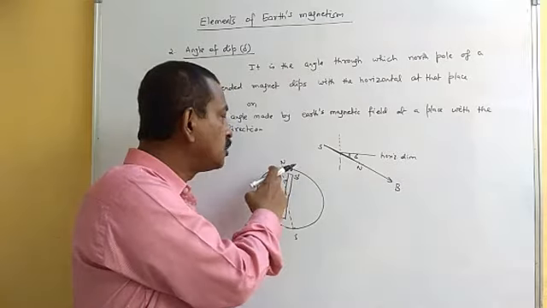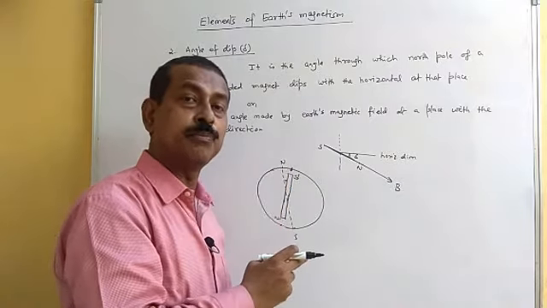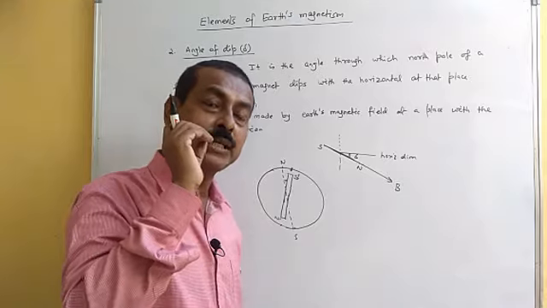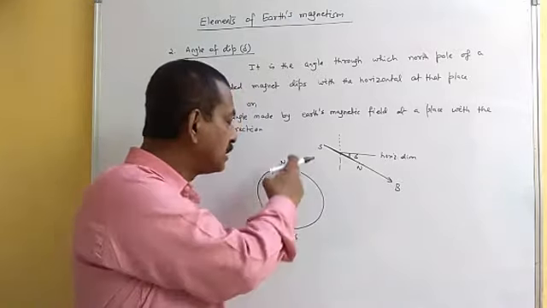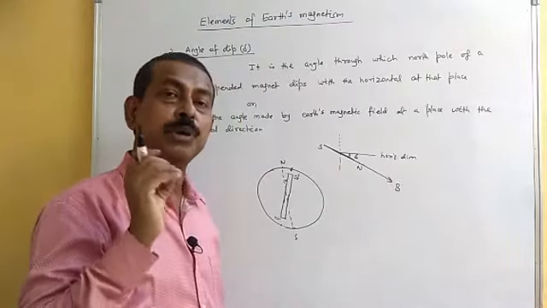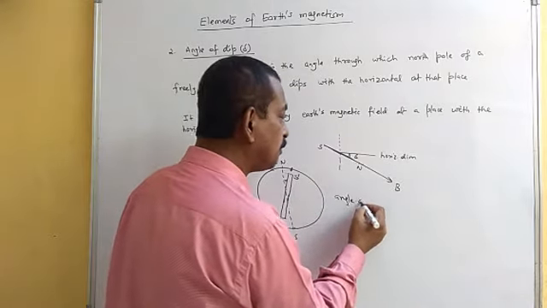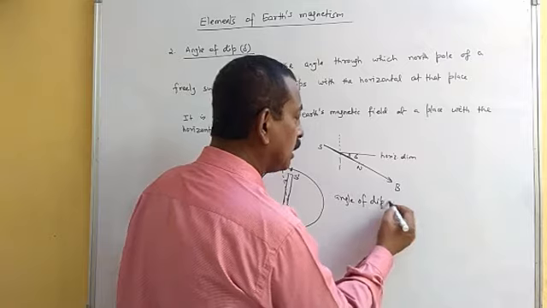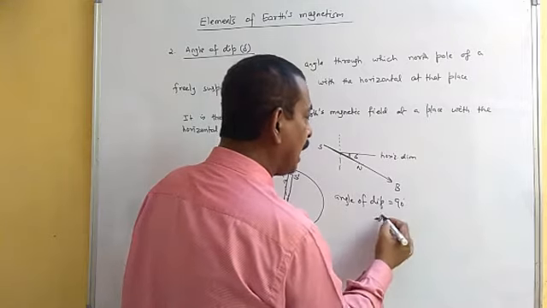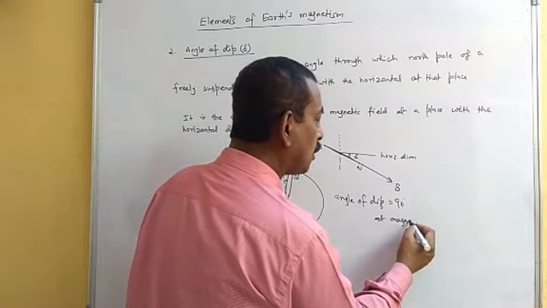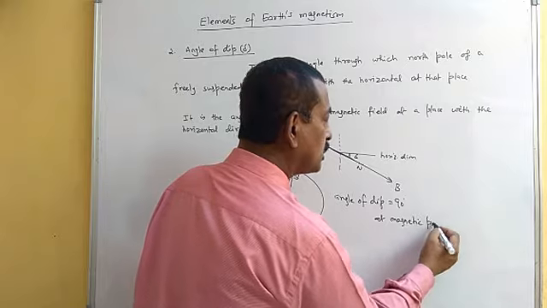It is not at the geographic north and south poles. So it is the magnetic poles there where this particular angle of dip will be 90. So remember that angle of dip is 90 at magnetic poles.